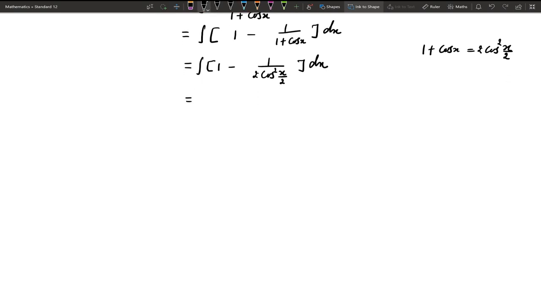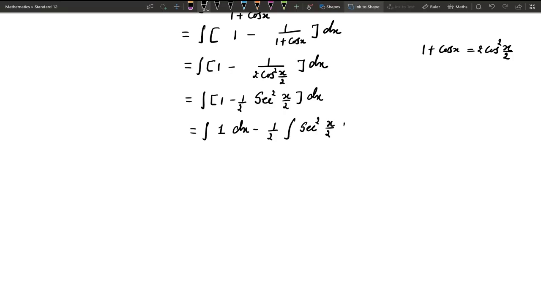So this is nothing but integration 1 minus 1 half sec square x by 2 dx. Now we integrate term wise, integration 1 dx minus 1 half integration sec square x by 2 dx. Now we can integrate. You can observe we have reduced it into a standard form so that we can apply our basic formula of integration.